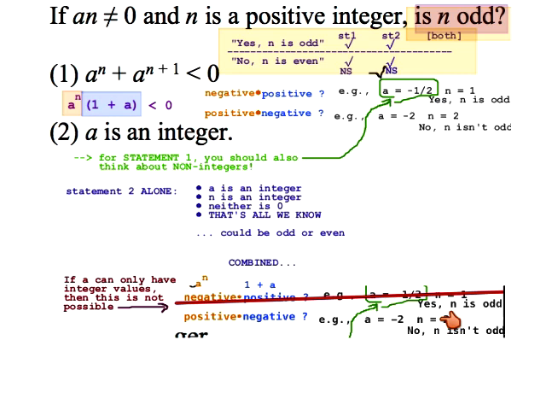It's the only way it's going to work out. n won't be able to be odd; it's going to be impossible to get n to be odd. It's going to have to be even. It's going to be sufficient. So this is C, like cat. Any questions about that?